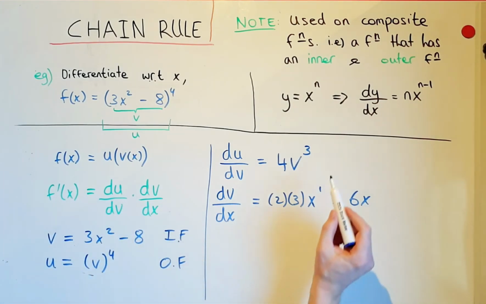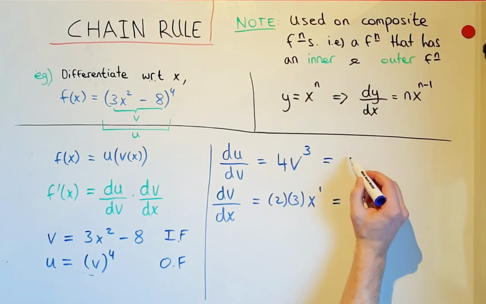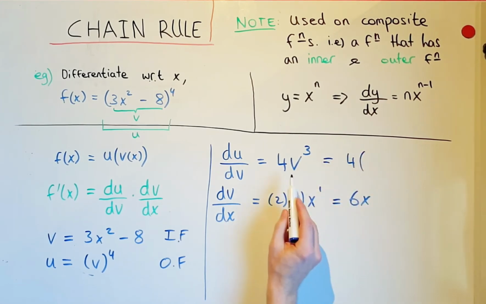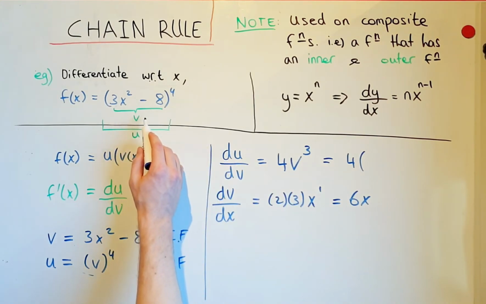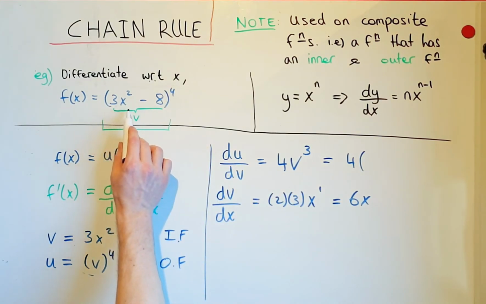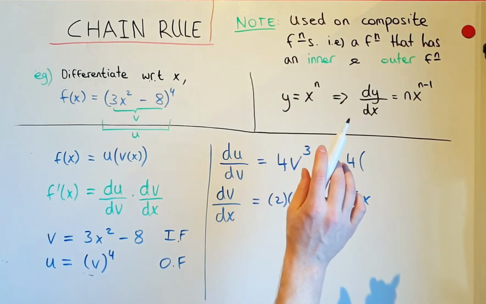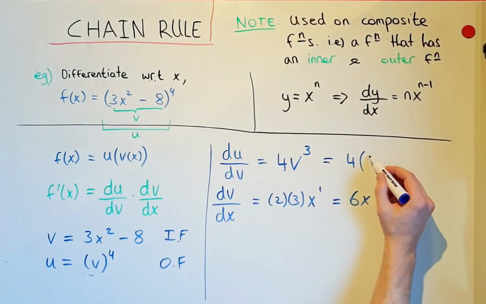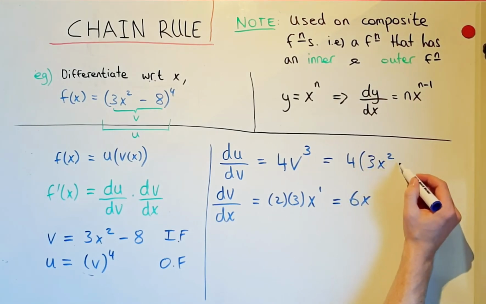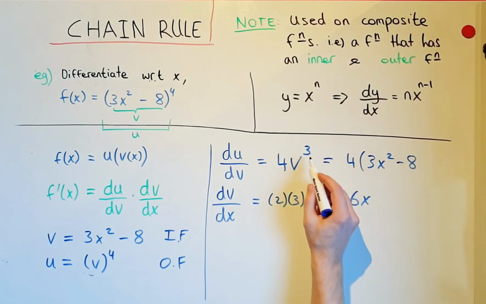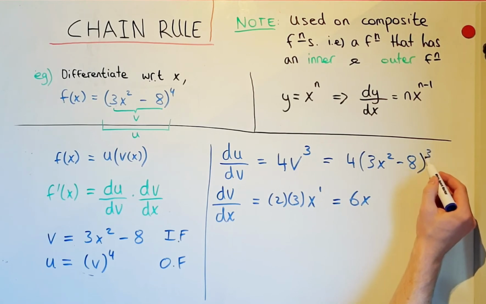So all that means is this is just going to turn into a 4, and then instead of having a v, which remember we just put as a stand-in variable, it denotes the 3x squared minus 8. So we now have to put the v expression back in, i.e. the 3x squared minus 8. And then we know that's raised to the 3.